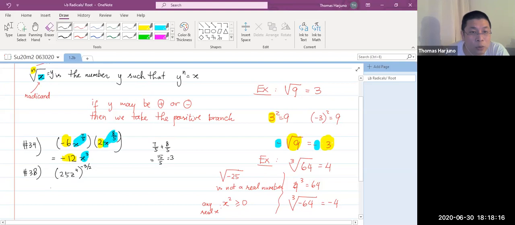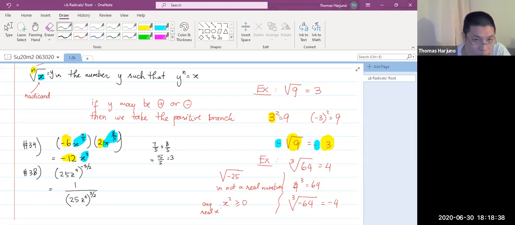This is equal to 1 over 25c to the 4, to the power of 3/2. You see how I get rid of the negative exponent? To make it a positive exponent, I bring it down, or bring it up. The numerator becomes the denominator, or the denominator becomes the numerator.